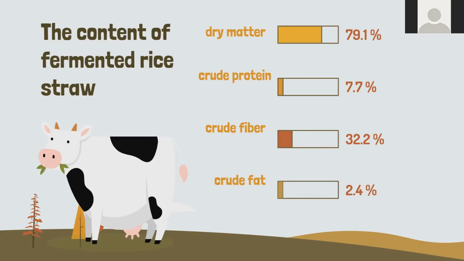Fermented rice straw contains a crude protein of 7.16%, higher than unfermented rice straw, which is 5.72%. During the fermentation process, there has been a modification of structural and non-structural carbohydrates, as evidenced by the decrease of 1.66% in crude fiber content compared to unfermented rice straw, which is 32.56%.